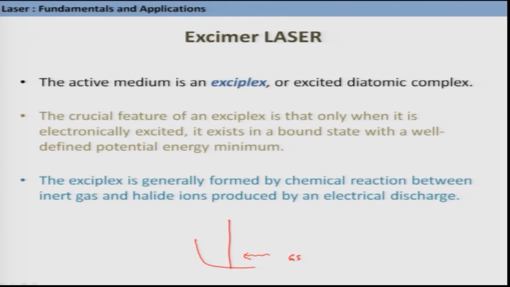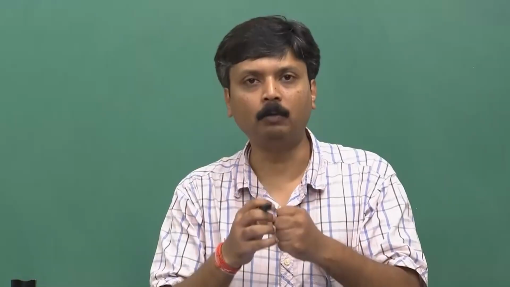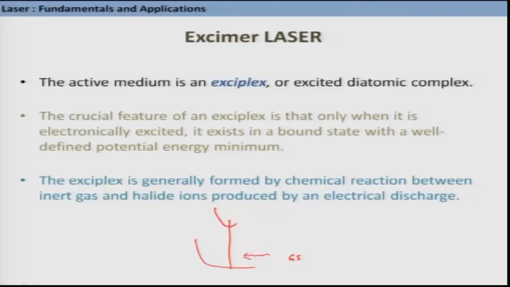That means the moment they are forming a complex, they have a bound state, and that is given by this. So this corresponds to my exciplex. It can be excimer also, okay, and this is ground state, which is unbound state, which means two constituents A and B, they are two separate entities. Here you have AB. So this is the concept of exciplex.